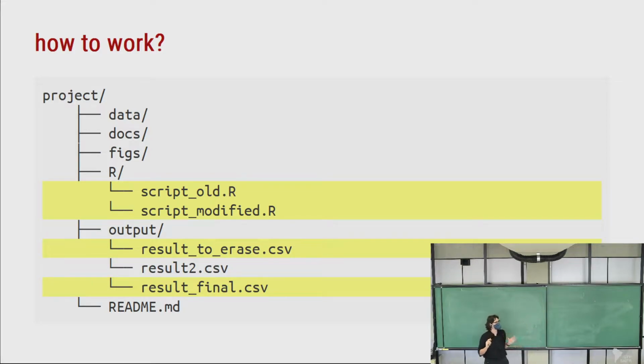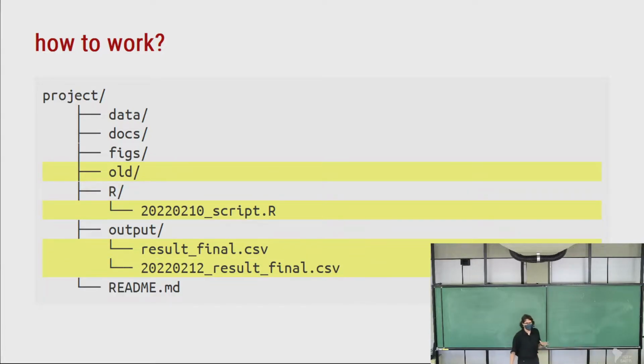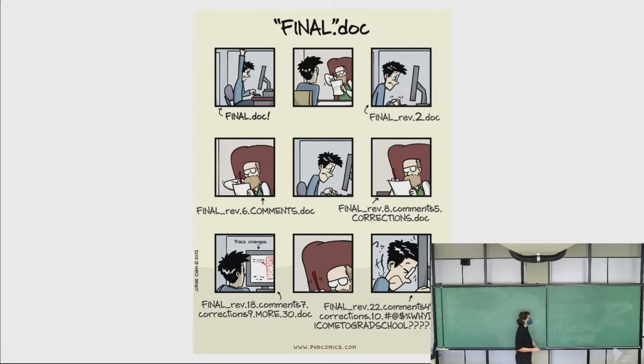Then we have a result to erase, and we have another result now, and now it's the final. It is never the final. We all know that. And because it's never the final, we start creating more scripts, and now we decide on another good technique for naming files, which is dating. That's great, right? We all have been there.